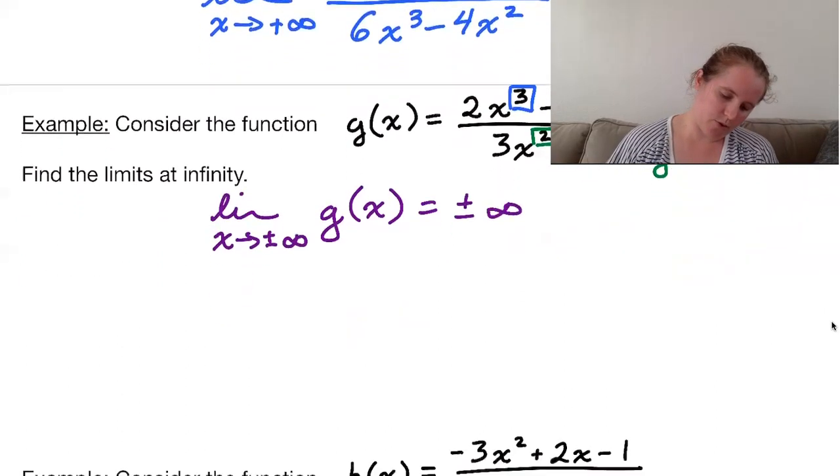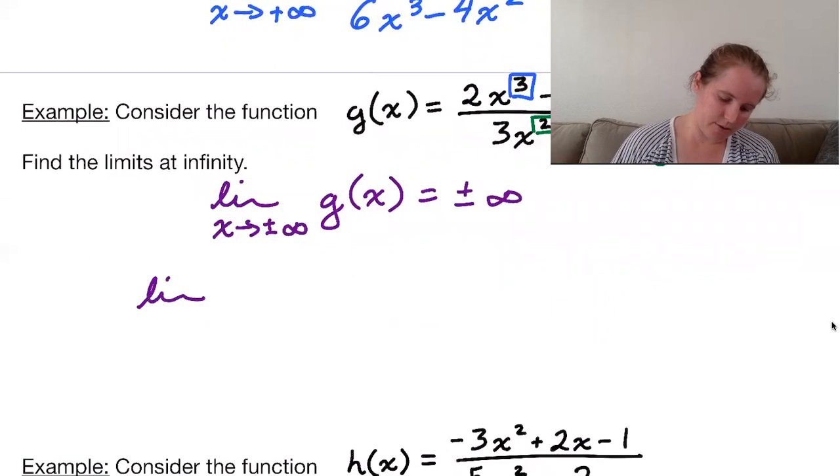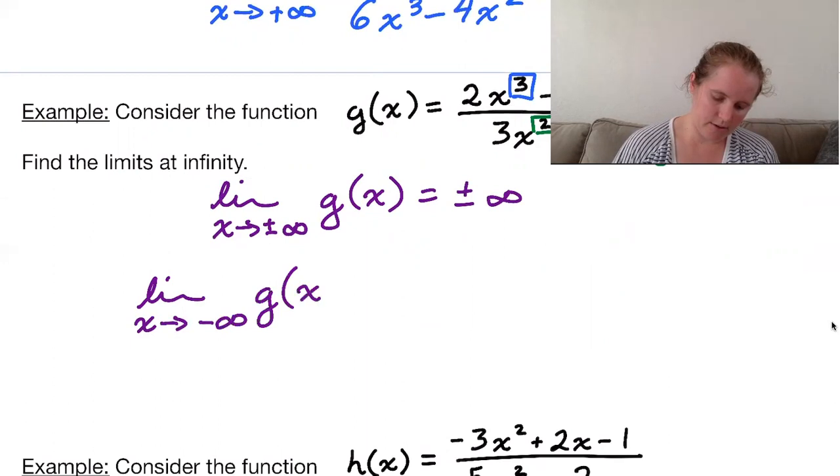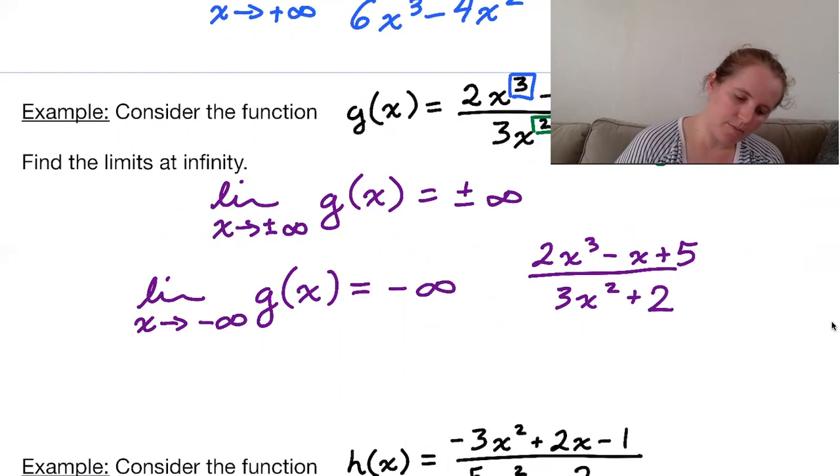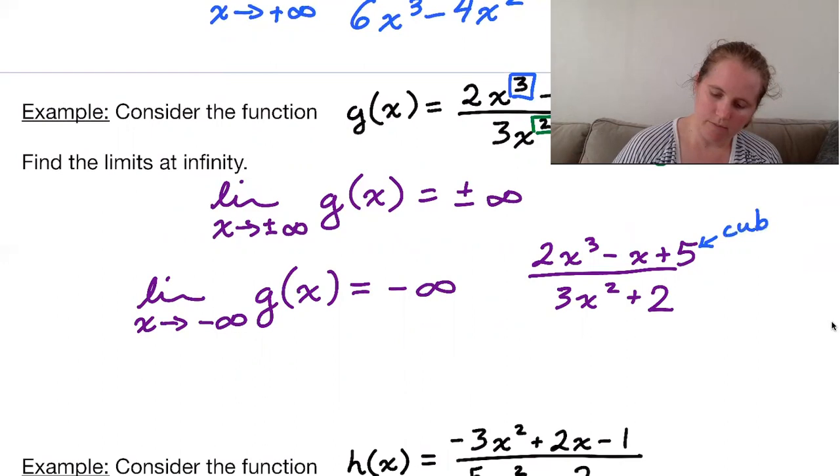If we split this more specifically, the limit as x goes to negative infinity of g of x will be negative infinity. The reason behind that is a cubic function, 2x cubed minus x plus 5, versus 3x squared plus 2. A cubic looks like this, more or less, right?